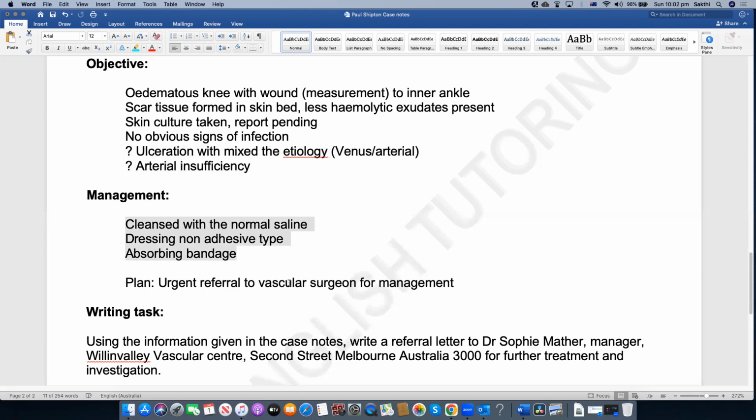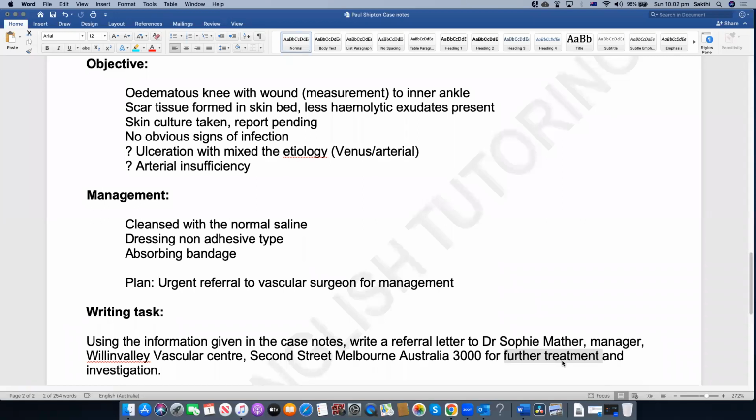Do I need to know what kind of treatment or preliminary procedure has been done for this patient? I need to know, isn't it? Obviously, right? Without knowing that, how can I provide further treatment? I need to provide further treatment and investigation. Without knowing what they have done in the beginning, how can I provide the further treatment?